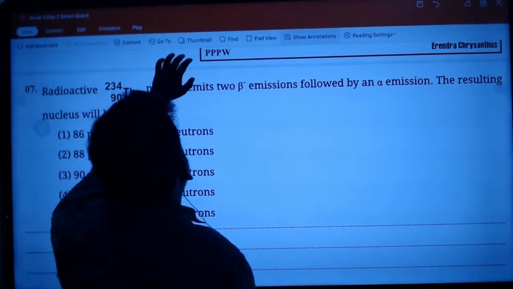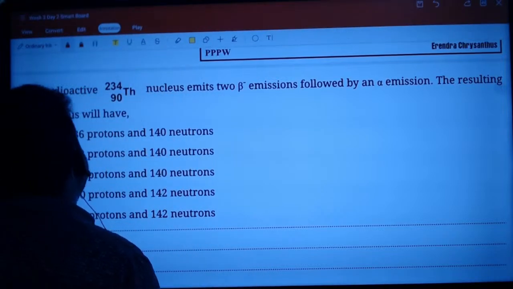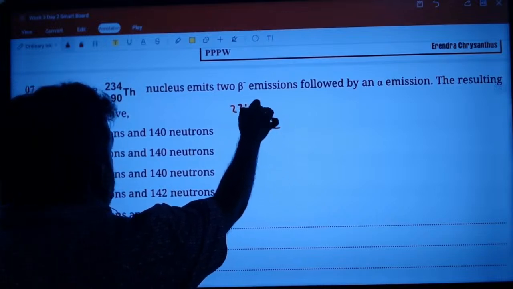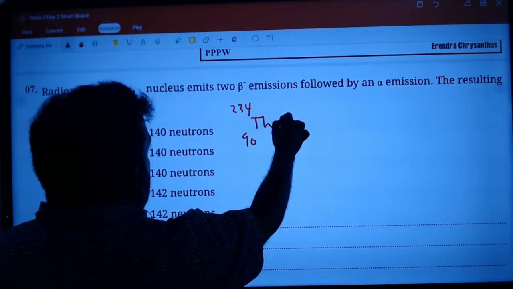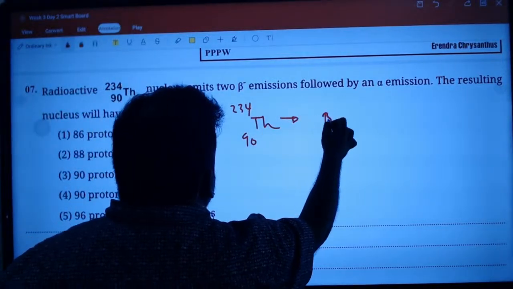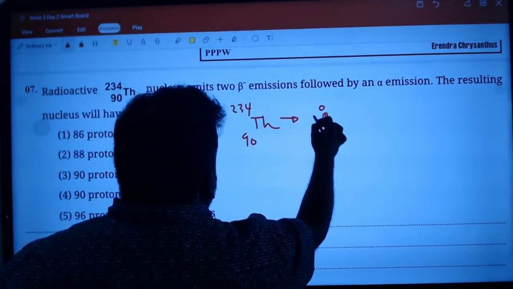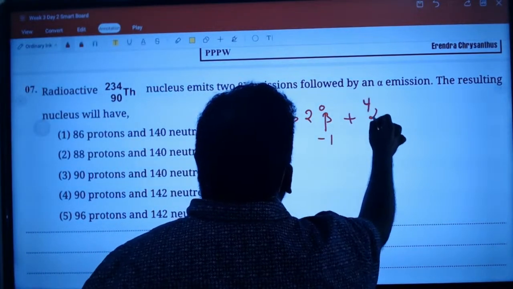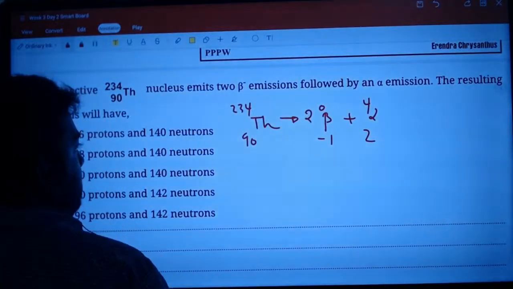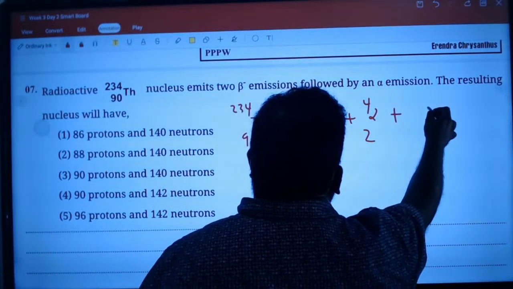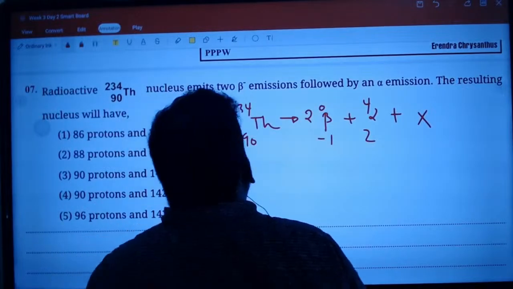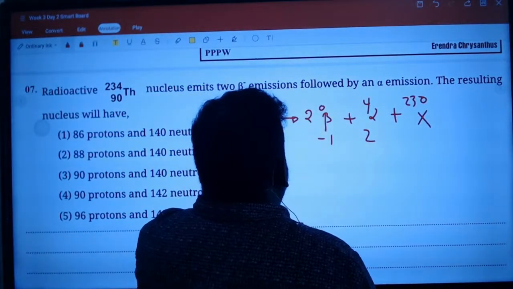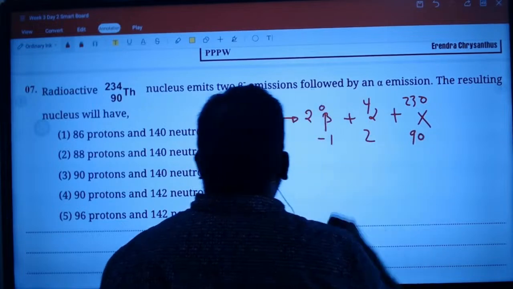Question number 7. Thorium-234 emits 2 beta minus emissions followed by an alpha emission. The resulting daughter nucleus will have? So mass number reduces to 230. 92 becomes 90.